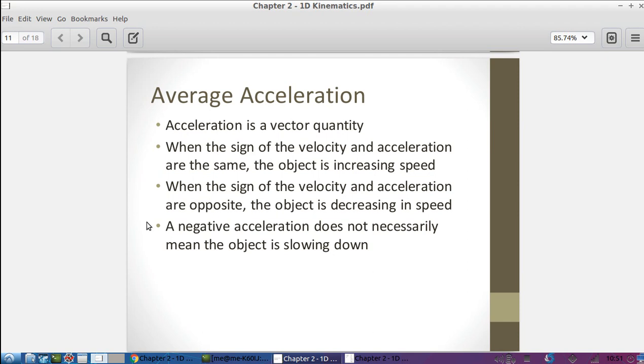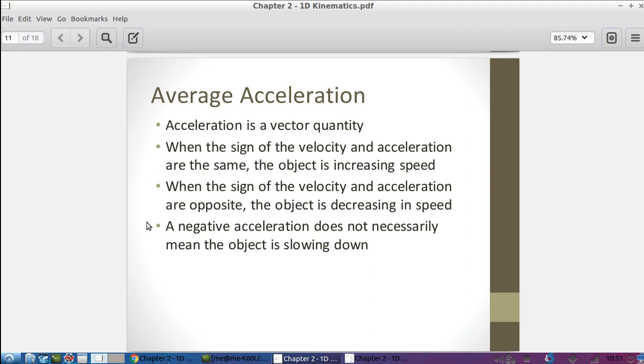My velocity is in the positive x direction, so I'm moving to the right. If my acceleration is also to the right, my acceleration is also in the positive x direction. Think about me hitting the gas, trying to get onto the highway. The object is increasing its speed. Okay, so if the acceleration and the velocity are in the same direction, the object is speeding up.